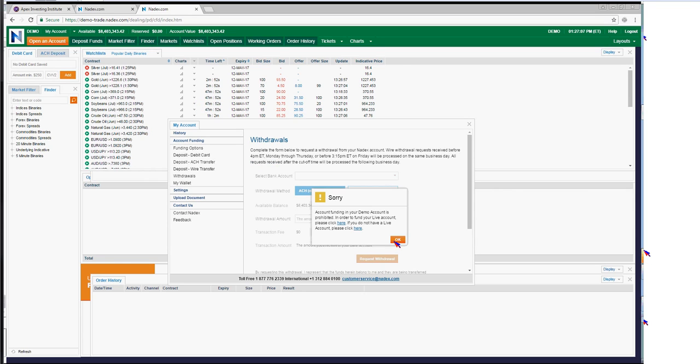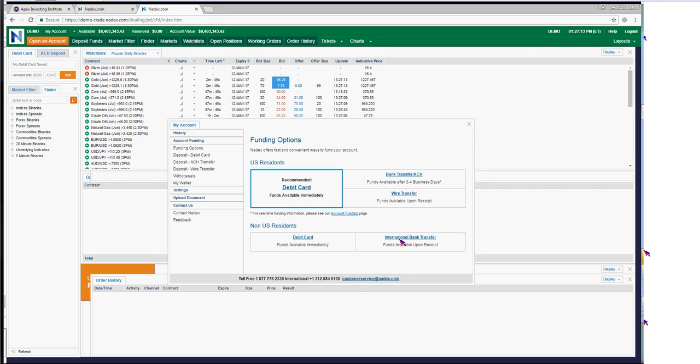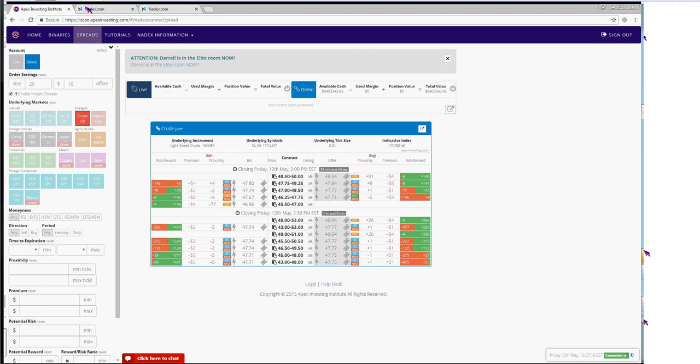You say, okay, I know I can't fund it, but I got a lot of money in there, I still want to withdraw it. I guess I could make it keep going for fun, but what's the point? The backstory of that demo account is me trading and trading and trading until I got it down.